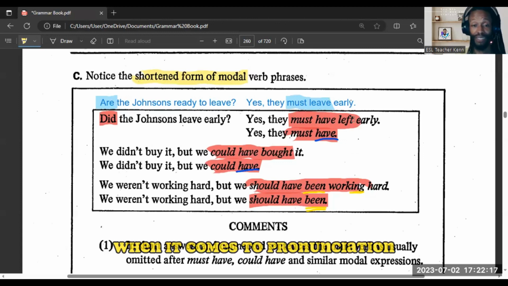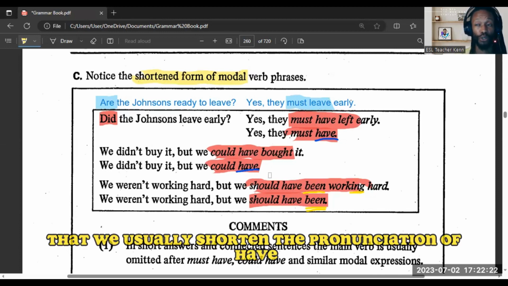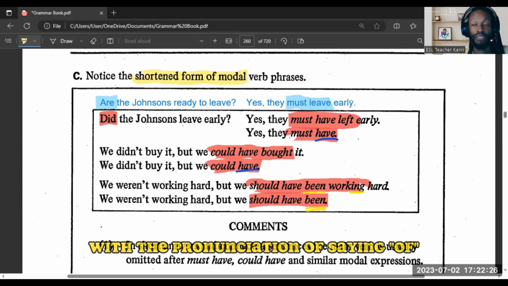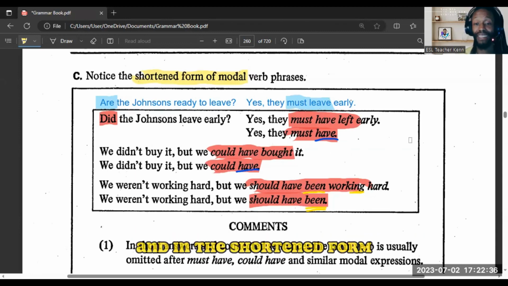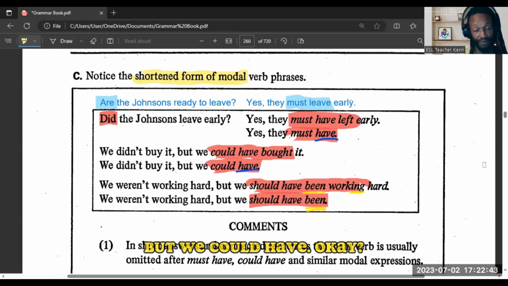When it comes to pronunciation, I like to remind you guys that we usually shorten the pronunciation of have to sound like of. So could have bought it sounds like could of bought it. And in the shortened form, it also works. We didn't buy it, but we could have, okay?